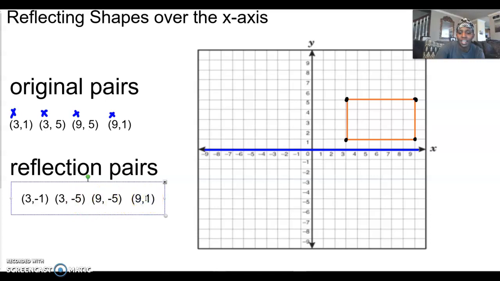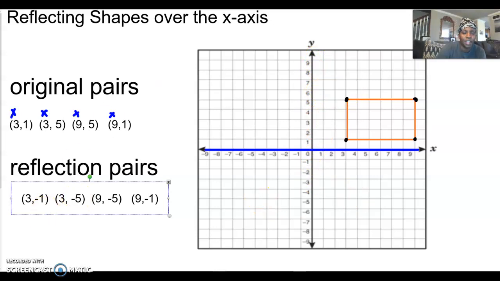Actually, let me fix that. It's not what it looks like, it's the location that's changing. So we no longer want it in quadrant 1, we want it now in quadrant 4. So the only thing that has to change is my y. Up here, quadrant 1 is positive, down here it's negative.